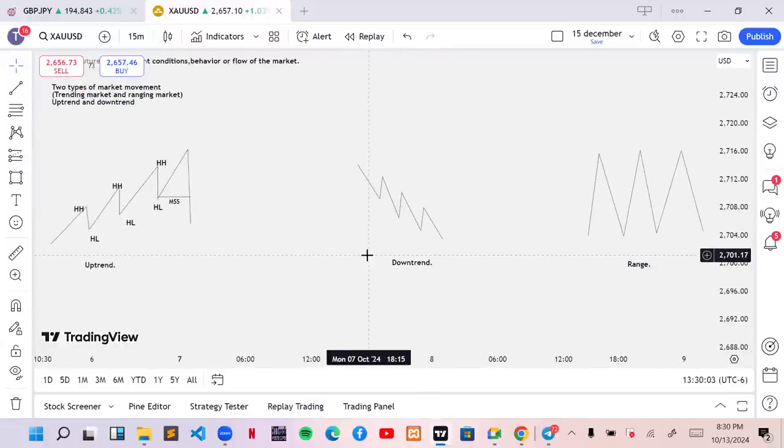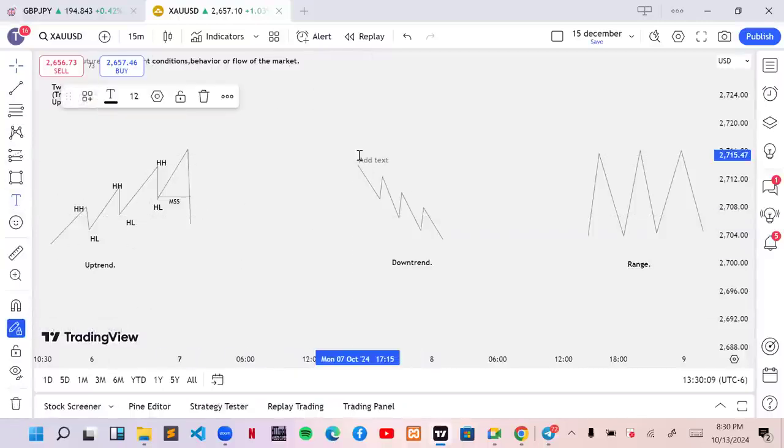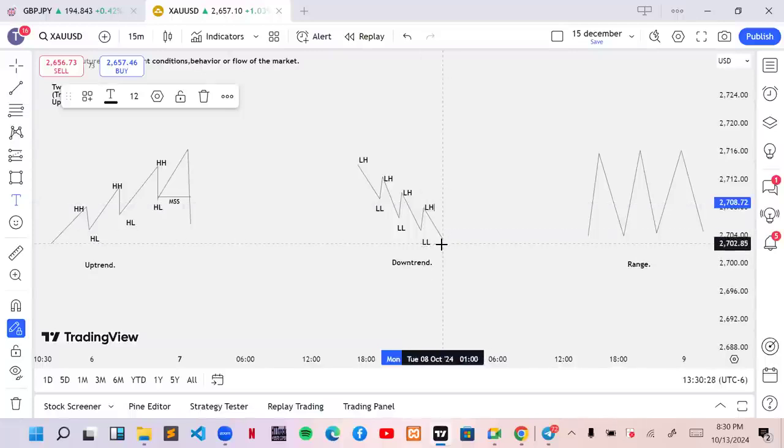Same thing when the market is on a downtrend. You can see the downtrend is a series of lower highs and lower lows. So this is a lower high, and then this is a lower low. You see a lower high, a lower low, a lower high, a lower low, a lower high, then a lower low here.